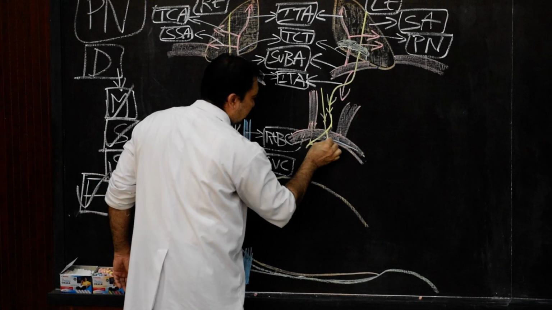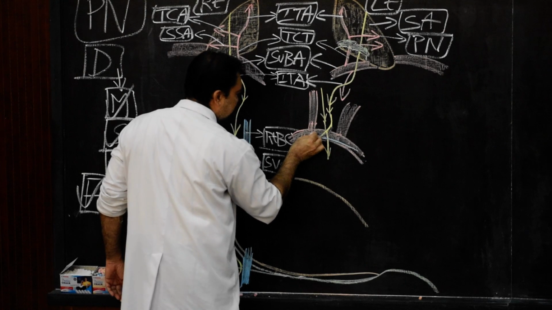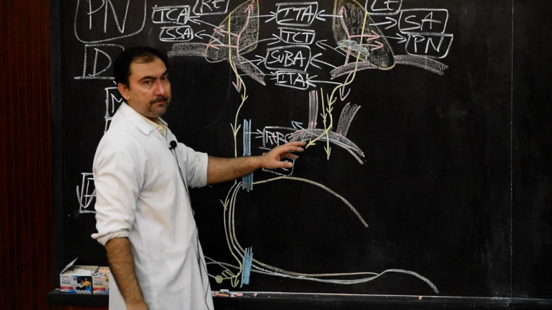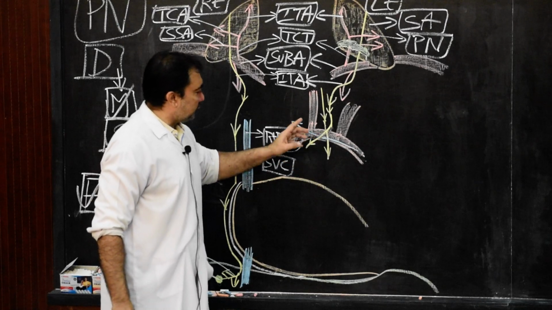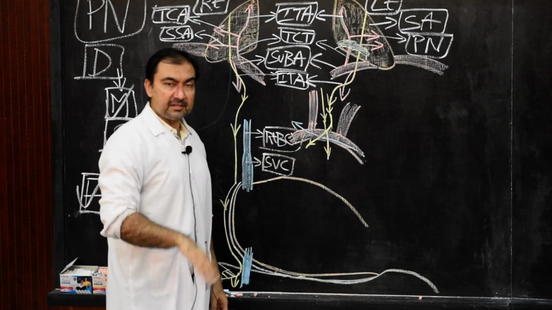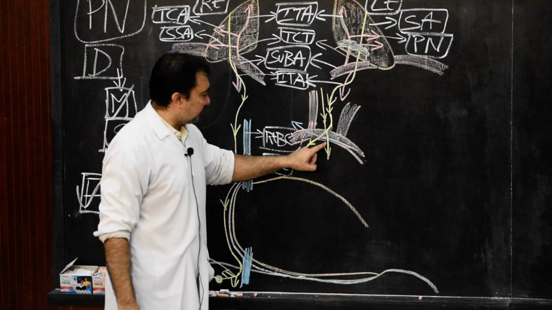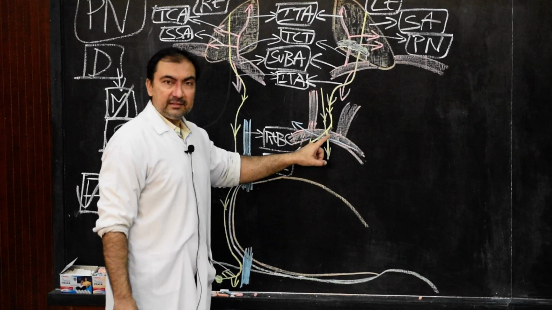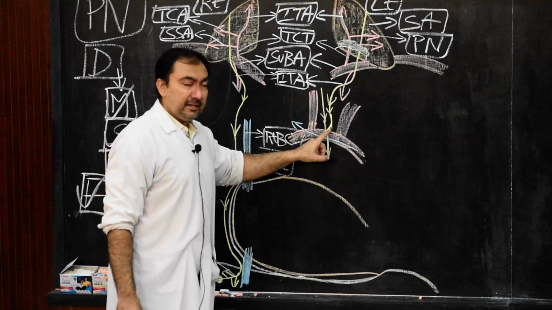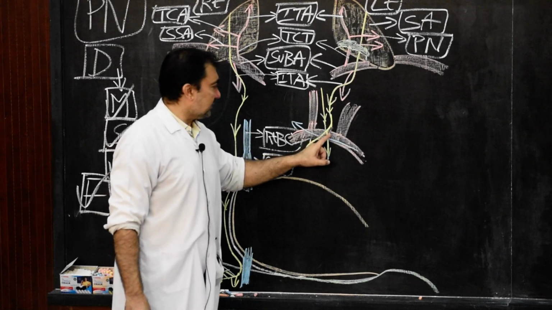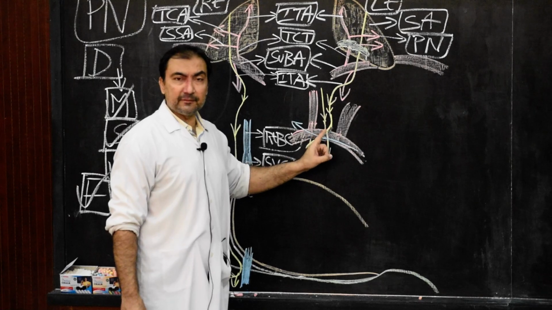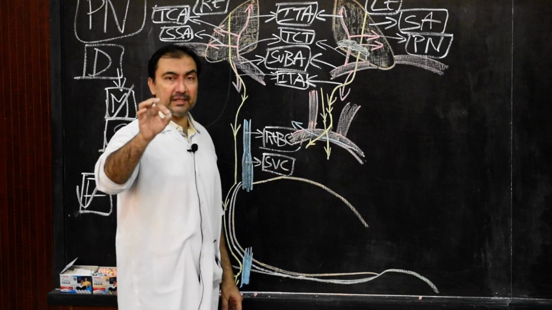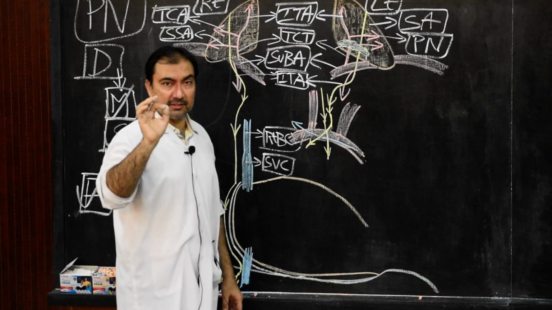This left superior intercostal vein, see here, will separate the left phrenic nerve from the remaining structures. What are the remaining structures? The left vagus nerve, then the left superior cervical sympathetic cardiac branch and the left inferior cervical cardiac branch of the vagus nerve.